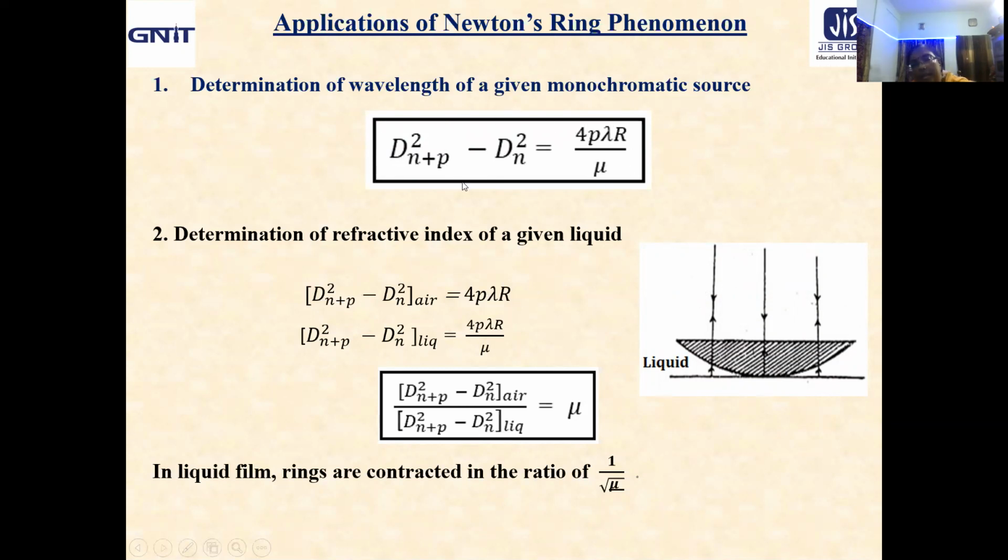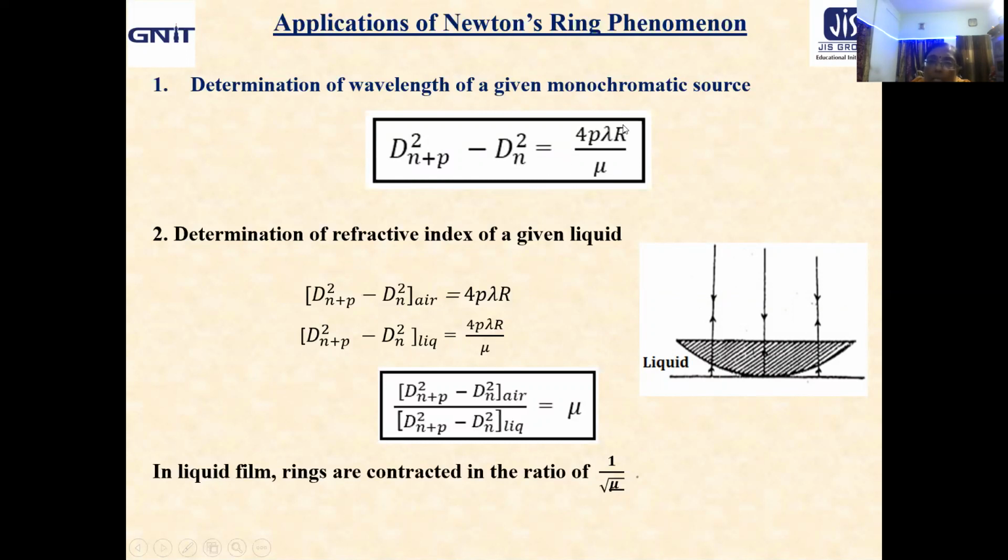What about that? You are already familiar with the Dn square expression, that is 4n lambda r by mu. That means you can measure the diameter of the nth ring with the help of the microscope, about which I already mentioned. So Dn square will come out as 4n lambda r by mu. You can measure Dn square.